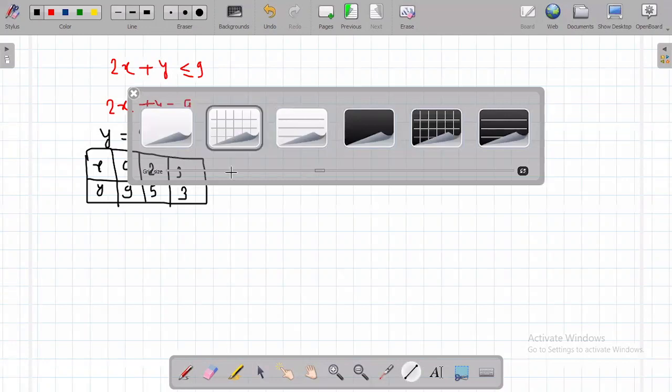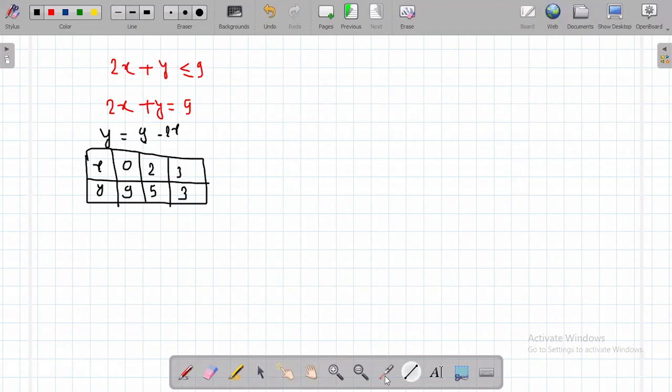Let me change the background. Now we have the figure like this.